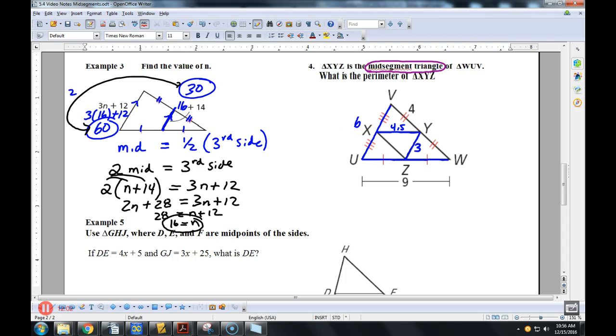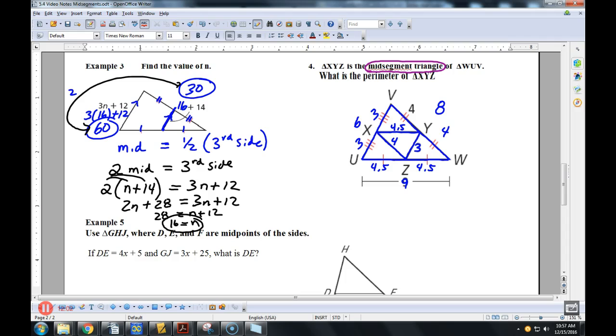That's 3, which means this side over here is 6. And then over here, this 4 represents just this piece. So if that piece is 4, this piece is 4, which makes a total of 8 on this side, and half of 8 would be 4. And if you keep going around, if you split this 9 in half, you get 4.5 and 4.5. And this 6 over here, split it up into 3 and 3.